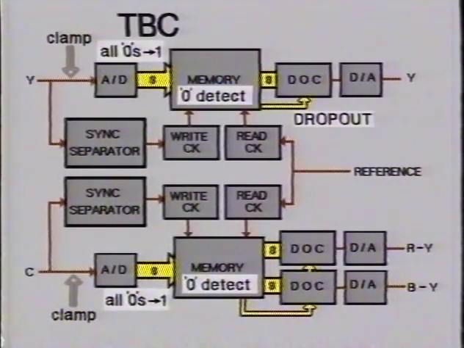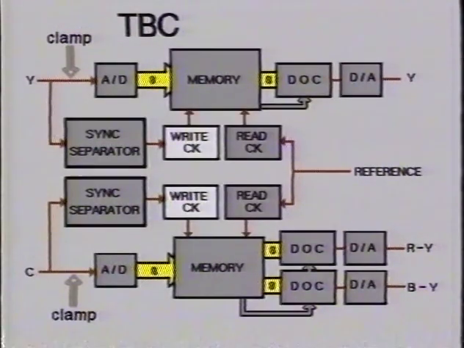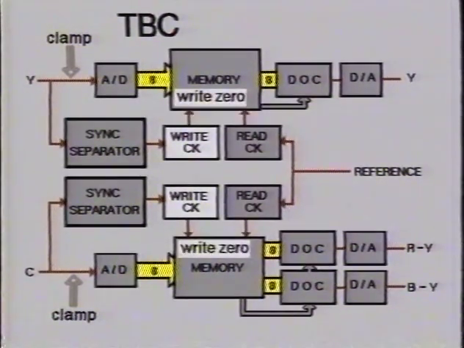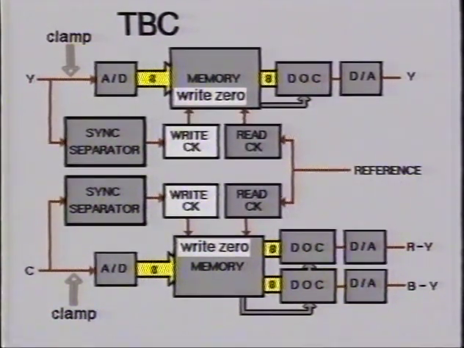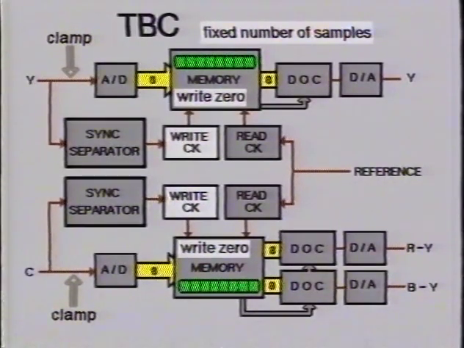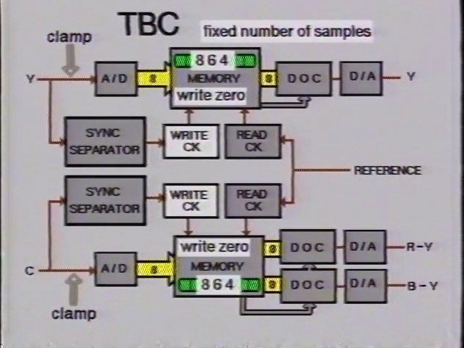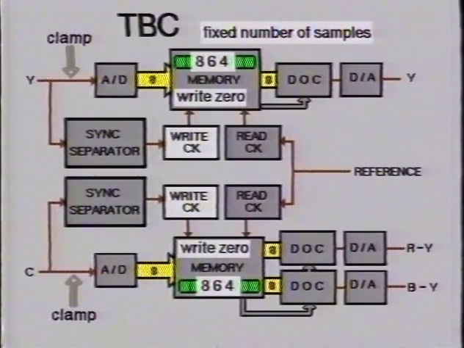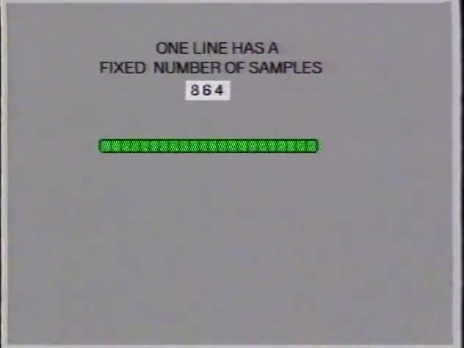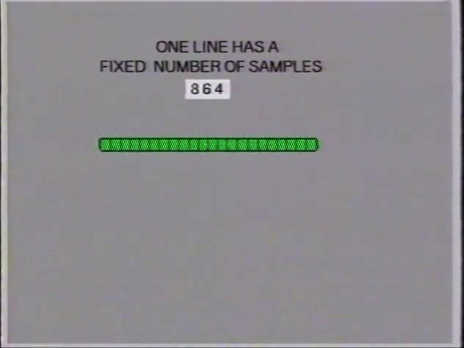Video data is written into the memory using write clocks, timed to the playback syncs. Starting with a write 0 pulse, a fixed number of samples are clocked in, 864 in the case of machines capable of digital output. A fixed number of samples per line makes design straightforward.